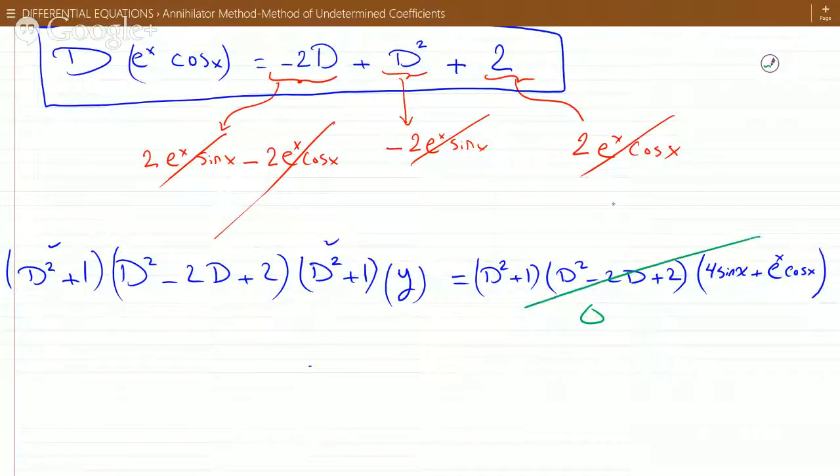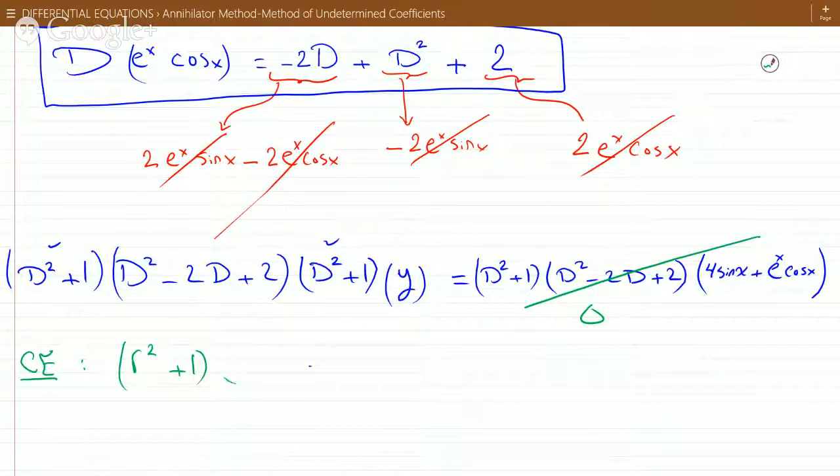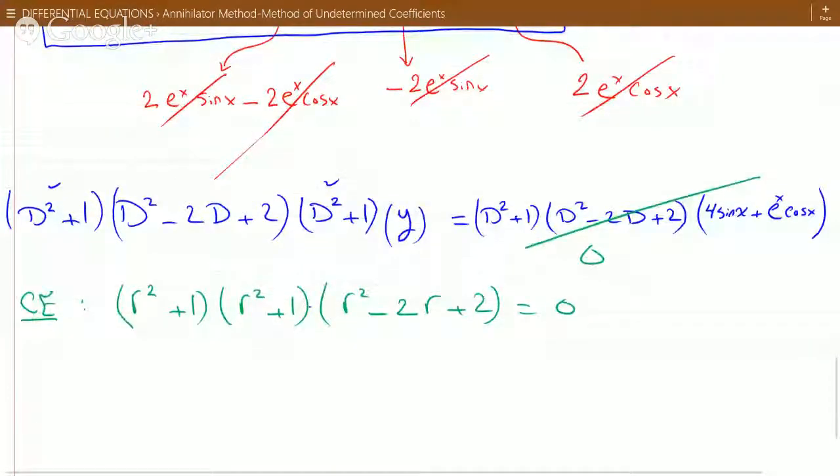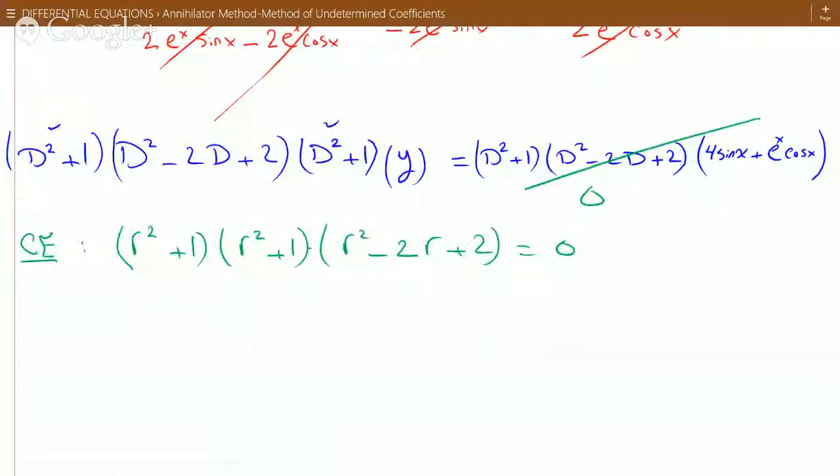So now we can write the characteristic equation, which is r squared plus 1 and another r squared plus 1, and now we have r squared minus 2r plus 2 equals 0. Now don't factor. Don't FOIL. Keep it factored. And now we're going to set each one equal to 0.